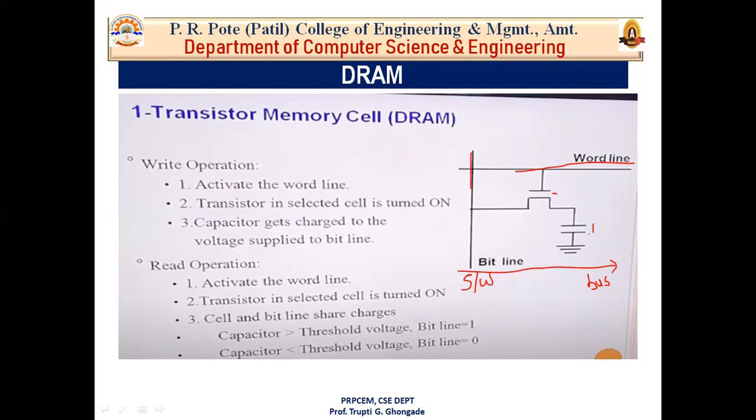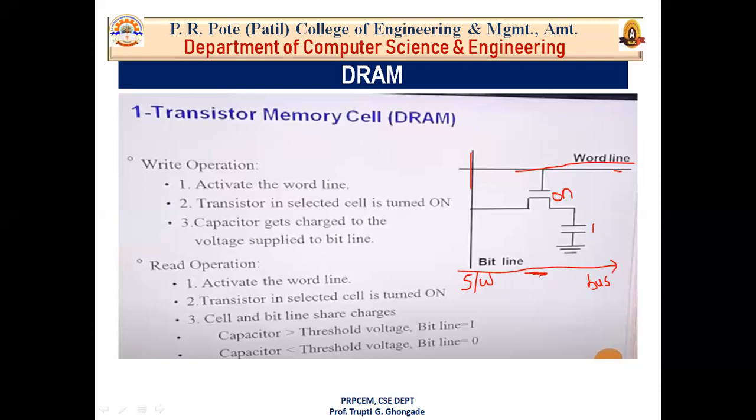When we have to write something, the first thing we have to do is activate this particular cell. How do you activate a cell? We have to activate the word line, and the word line will activate a particular cell. When the word line is activated, this transistor is on. Now the information is there in the system bus.